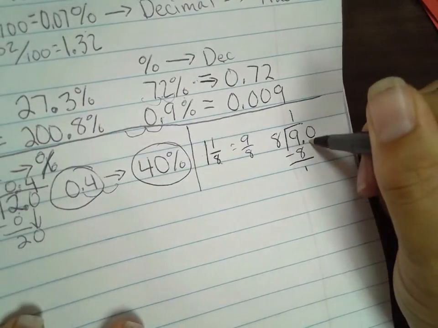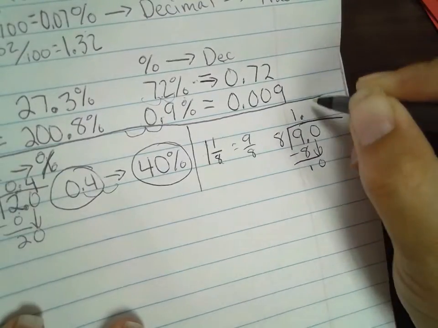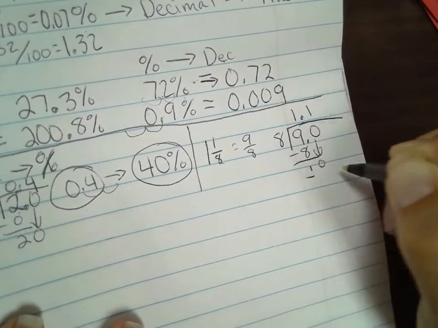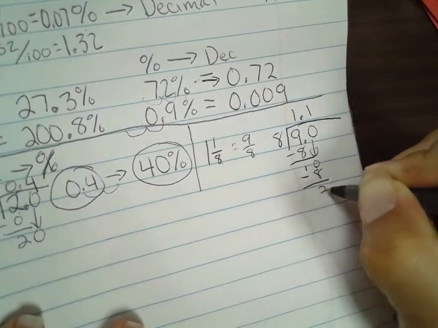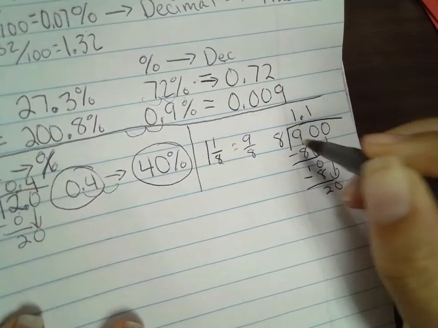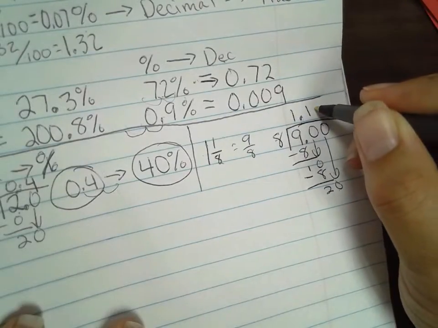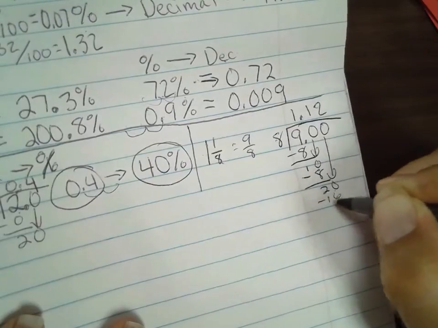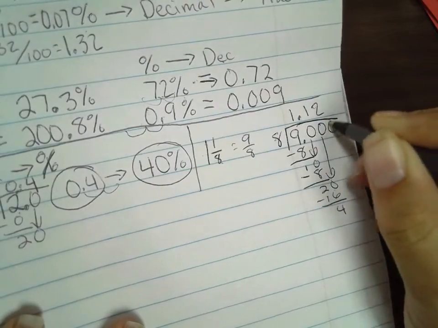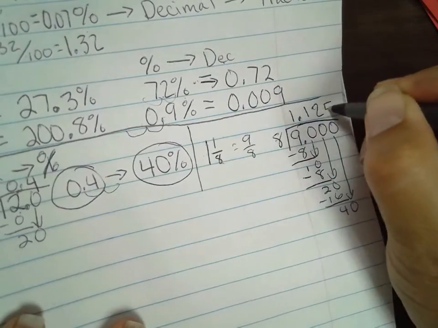Decimal point, annex a 0, bring it down. 8 goes into 10 one time, minus 8 leaves me with 2. 8 goes into, oh, gotta bring down another 0. 8 goes into 20 2 times, minus 16 leaves me with 4. And 8 goes into 40 5 times.